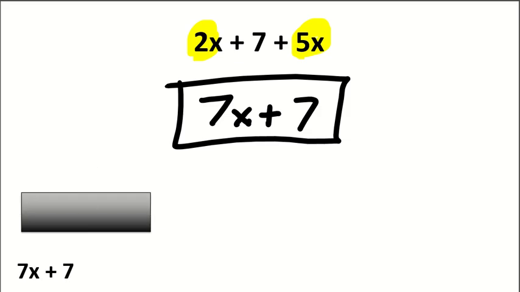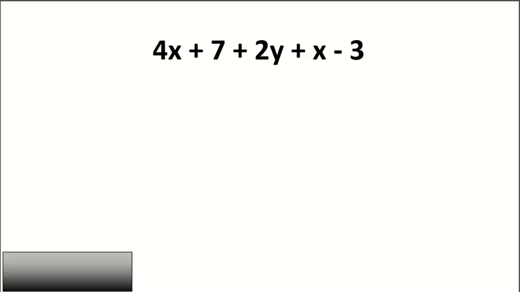And one final one for the grand finale. Boom! This guy right here. We have 1, 2, 3, 4, 5 terms. Let's see if we can simplify this a bit. Okay. If I have 4 x's and I add another x, I know that I have 5 x's. If I have 7 of something and I get rid of 3 of that thing, how much do I have left?